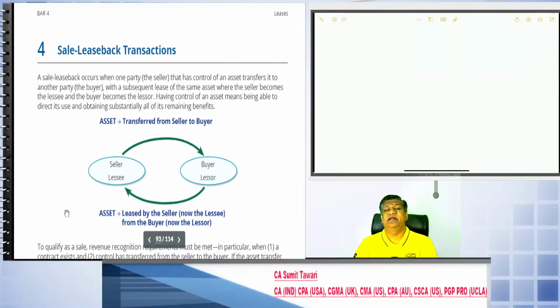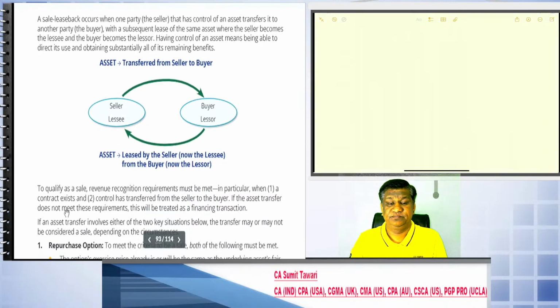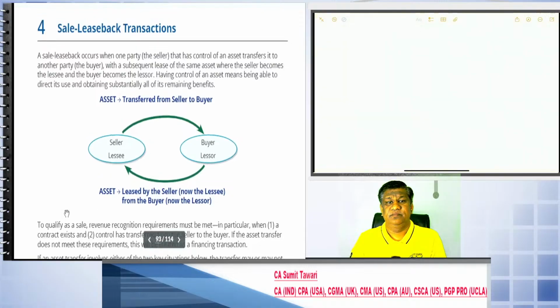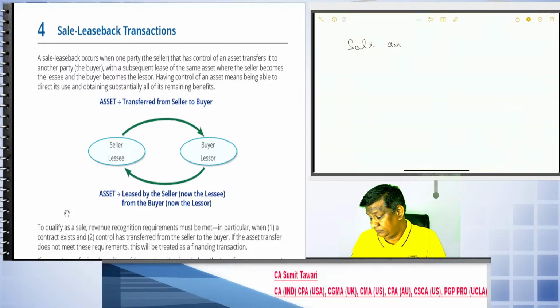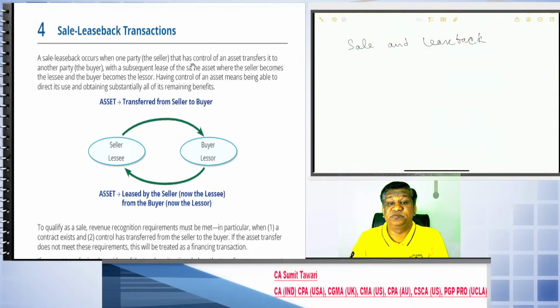Then sale and leaseback transaction. A sale and leaseback occurs when one party, the seller, that has control of an asset, transfers it to another party, the buyer, and the subsequent lease of the same asset, where the seller becomes the lessee and the buyer becomes the lessor.